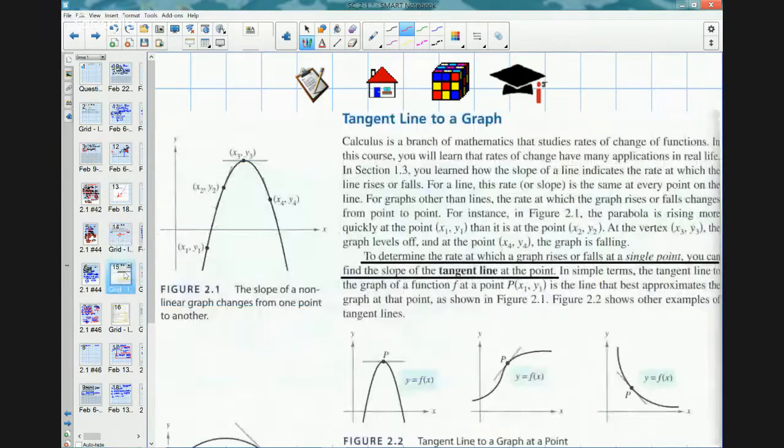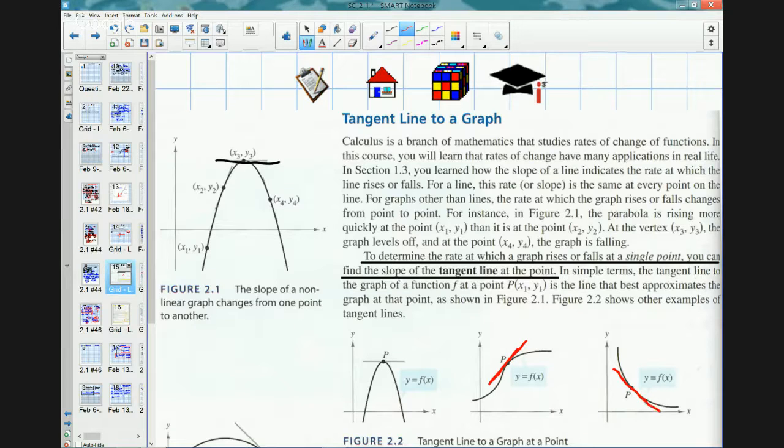There's just a couple of views here from the book that talk about this. I encourage you to read what's in the book. See here, they're showing right up here on the top a line that's tangent to the curve. Like here, you see here too, down at this curve.